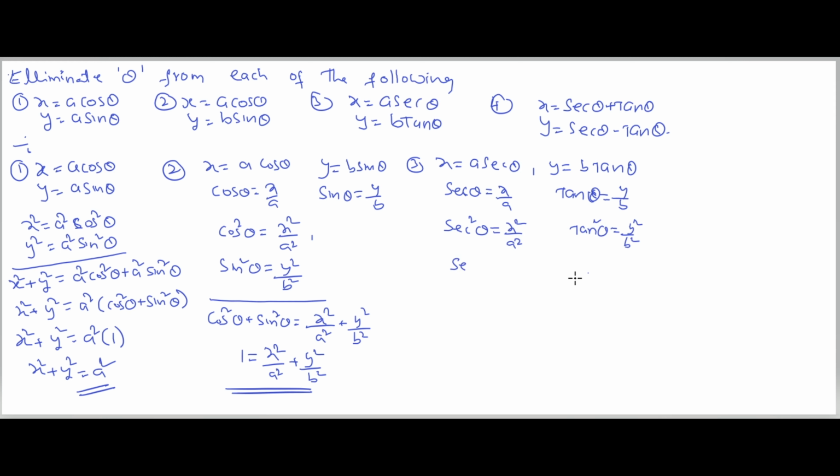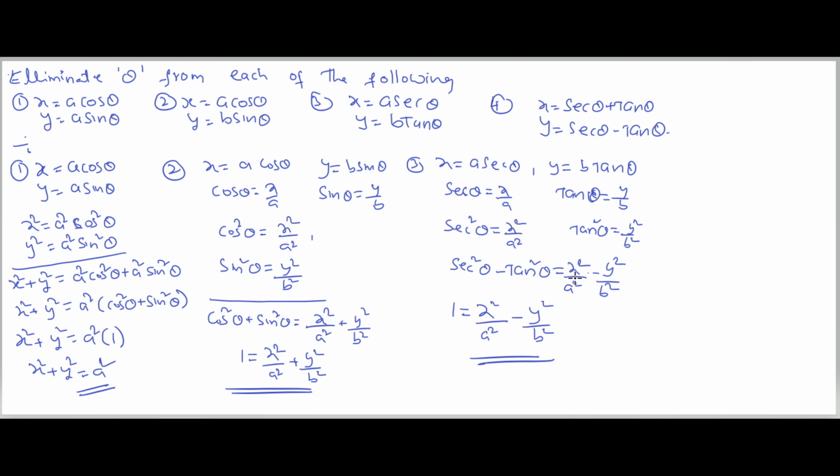Subtracting these two equations, that is secant square theta minus tan square theta is equal to x square by a square minus y square by b square. Secant square theta minus tan square theta is 1, that is 1 is equal to x square by a square minus y square by b square.